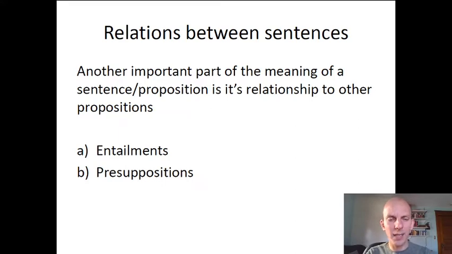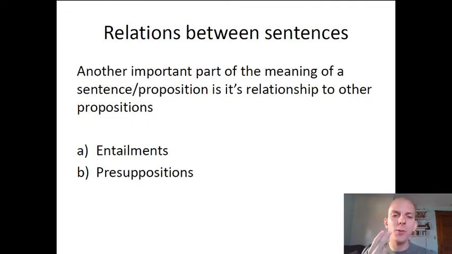Today, what we're going to be looking at is a little bit different. It's building on the stuff that we did before, on this idea of truth conditions. And instead of looking at truth conditions of individual sentences, now we're going to see that there are relationships between sentences, between these propositions.